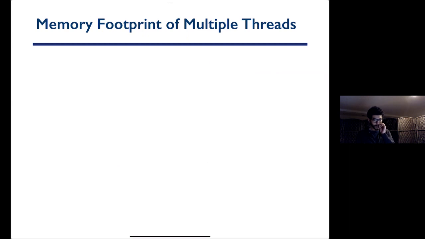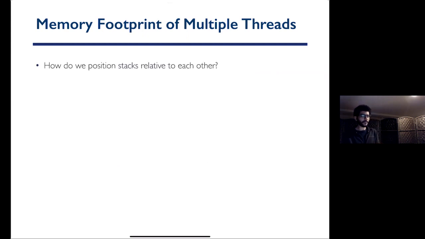Okay, now let's talk about the ways to do this, so let's first talk about stack allocation. Let's start with that. If you have one thread in your process, then it's easy, right? A stack starts from the top, comes to the bottom, the heap goes upwards, everything is fine.